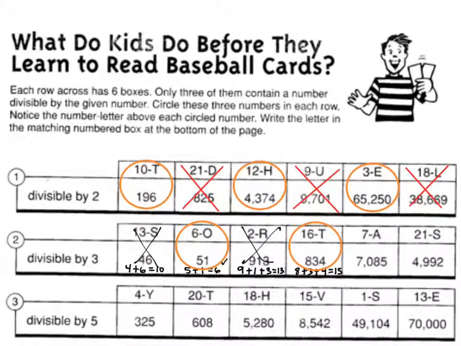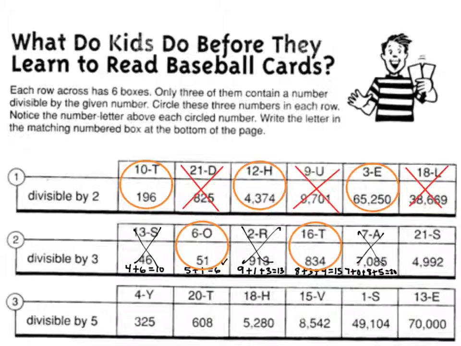Put that right there. 7 plus 8 is 15, plus 0 is still 15, plus 5 is 20. So 7 plus 0 plus 8 plus 5 gives me 20. So that doesn't work out, right?